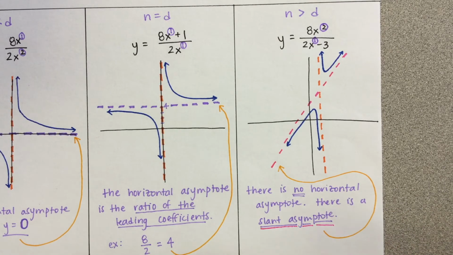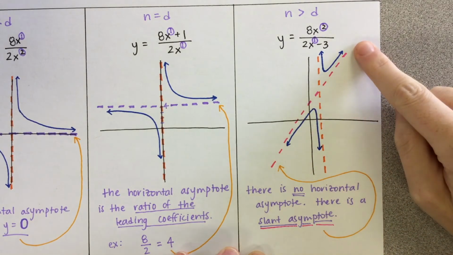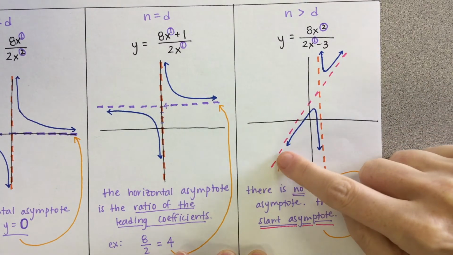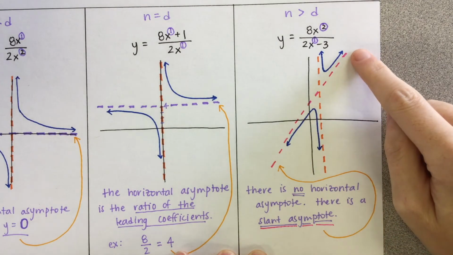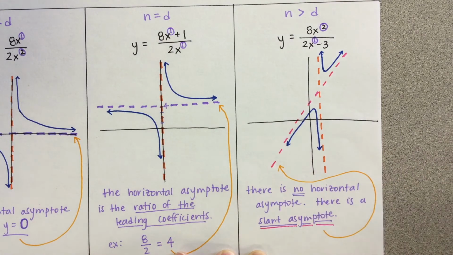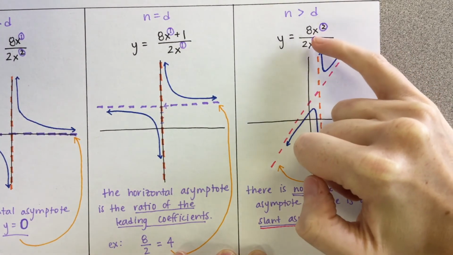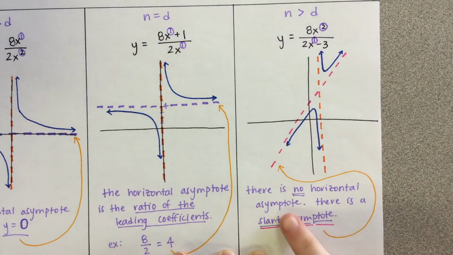There is actually what is called a slant asymptote or a diagonal asymptote, and that's this line right here. So in this video, we're not going to get into how to find the equation of this line. There is a way to do that using polynomial division. But what you need to know for this class is that when the degree of the numerator is greater than the degree of the denominator, there is no horizontal asymptote.